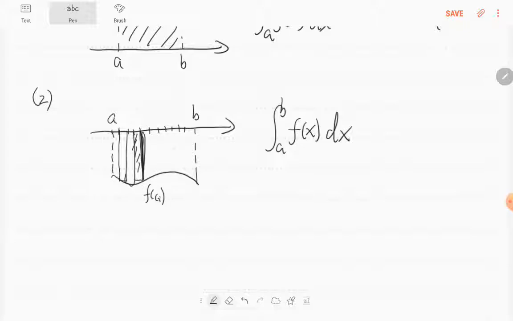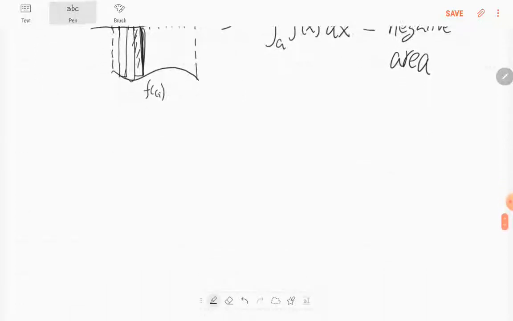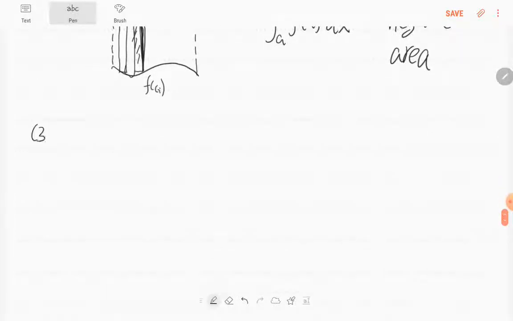So if you add them up, you have negative area. So this is equal to the negative area of this region, right? So this gives you an idea of the third remark, which is called the signed area.